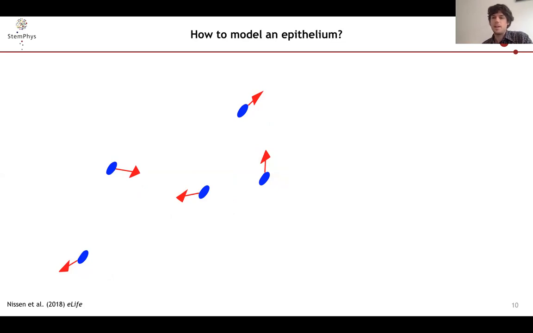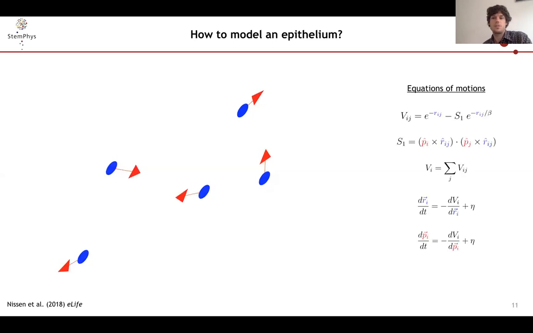And then we add a couple of equations of motion: a soft repulsive force, and an attraction term. This attraction term consists of an attraction factor, here called S1, which depends on the directions of the spins and the displacement vector between two cells, Rij.